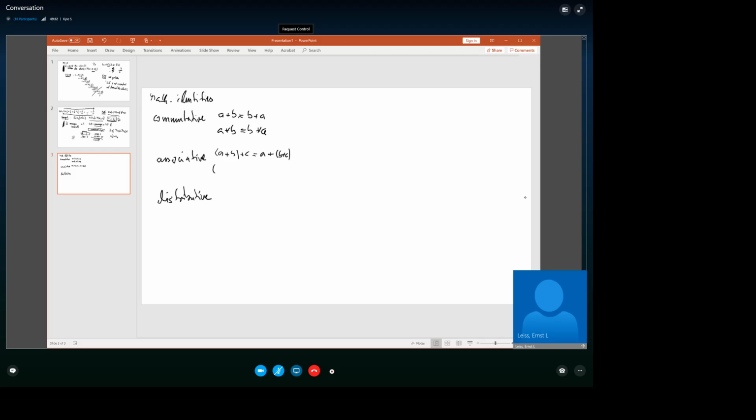And the same thing for multiplication: a times b, times c is a times, b times c. And finally, distributivity would be a plus b, times c is a times c plus b times c.